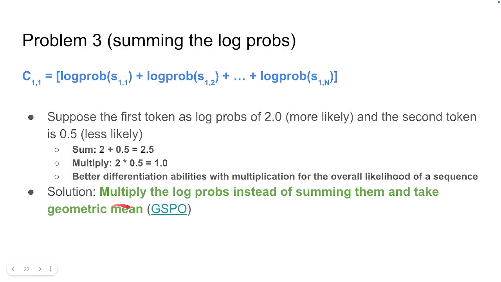And this is what is discussed in the paper GSPO, or Group Sequence Policy Optimization. They kept all the configuration the same as GRPO, but instead of taking the sum of the log probs, they would just multiply them, and that would be the overall likelihood of the sequence.